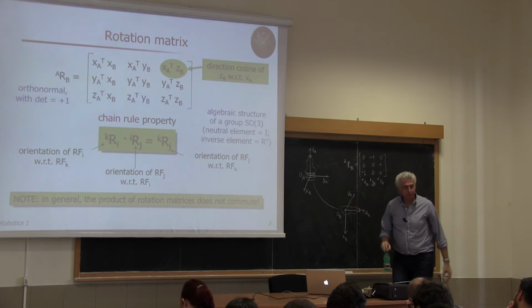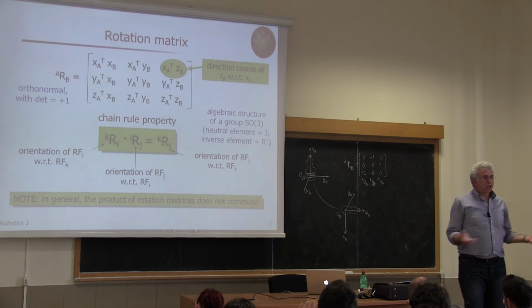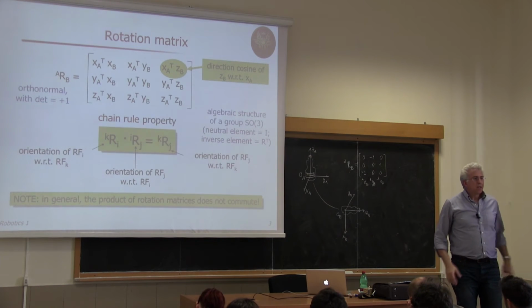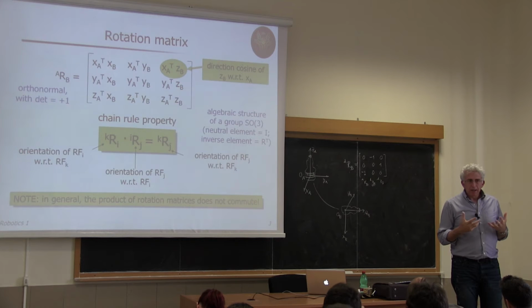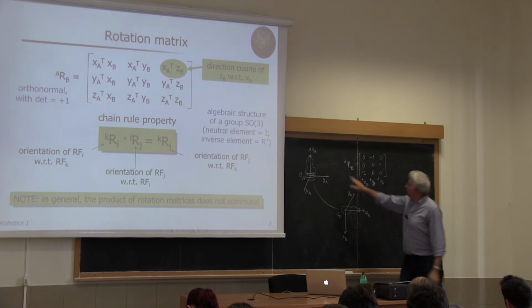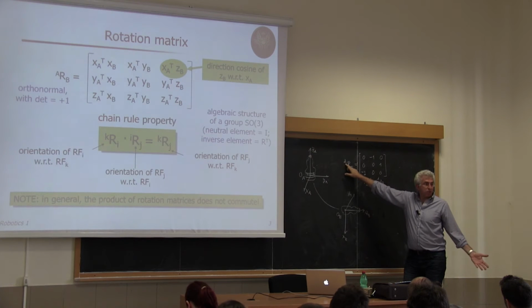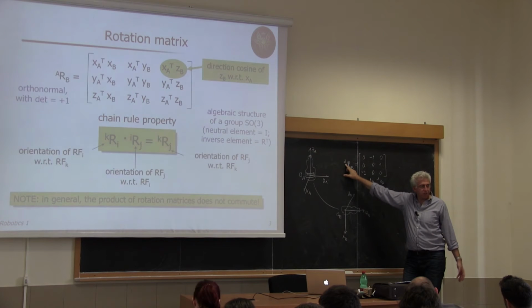Okay? So you see that if I give you a generic rotation matrix with numbers, you can always understand what is the frame behind this rotation matrix if I give you the reference frame. So if I give you the frame with respect to which I'm expressing things. Otherwise, it's not really.